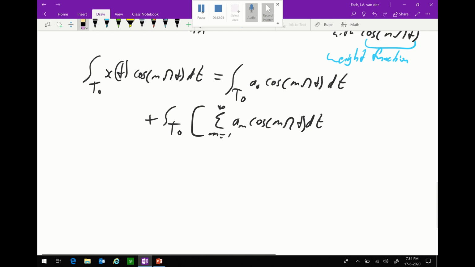Sorry, let me make no mistake. This is of course n, because this is the coefficient, and this is m. Yeah, now it's right, plus the last integral.